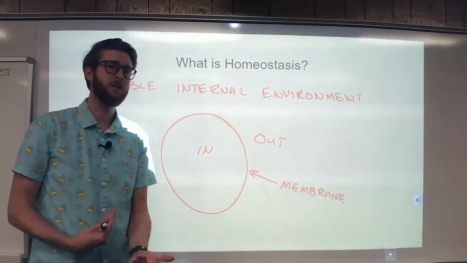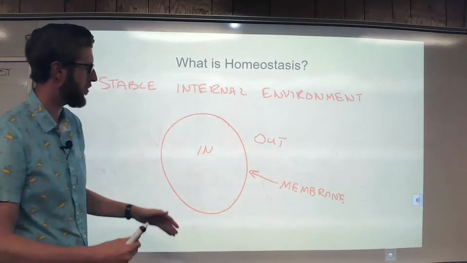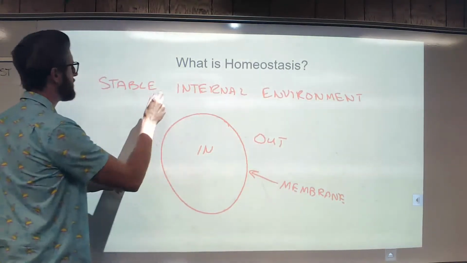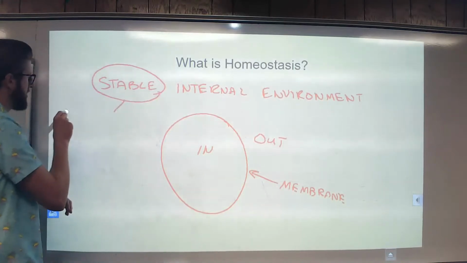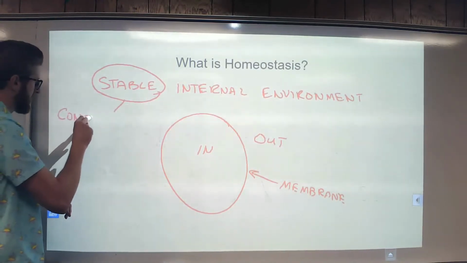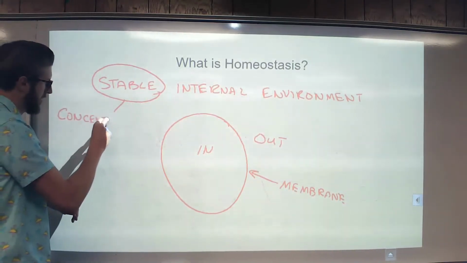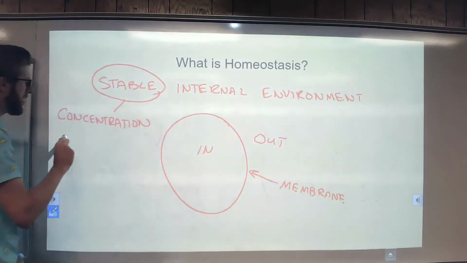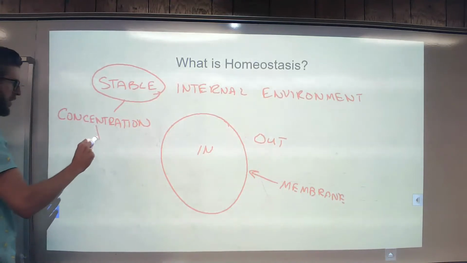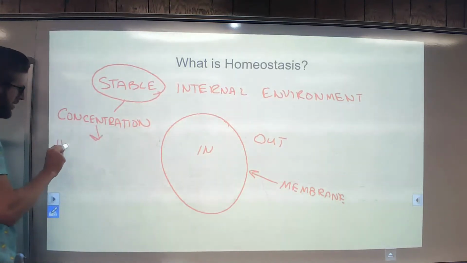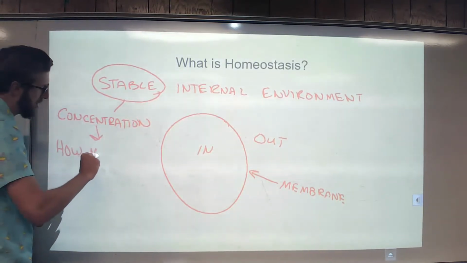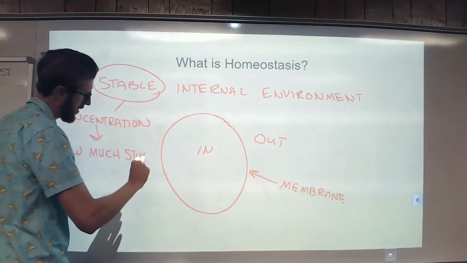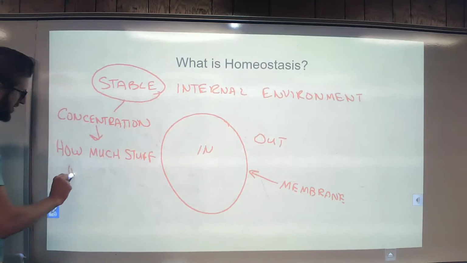But what does it mean to be stable? When we say stable, what we really mean is stability in terms of concentration. Now, if you don't know what concentration is, it's how much stuff there is in a given space.